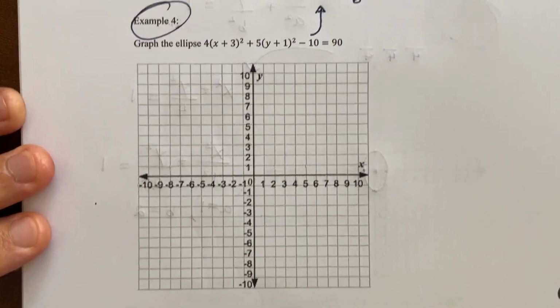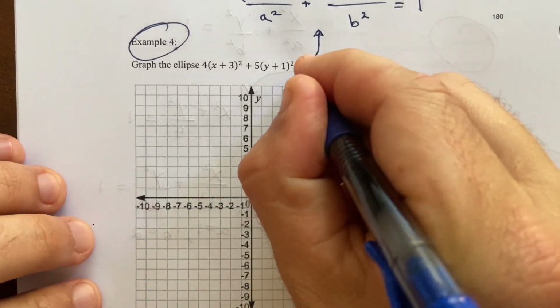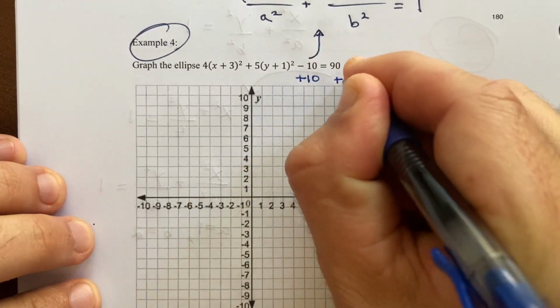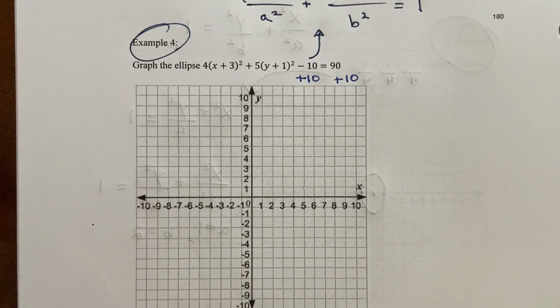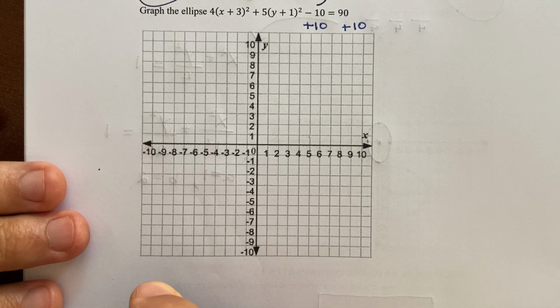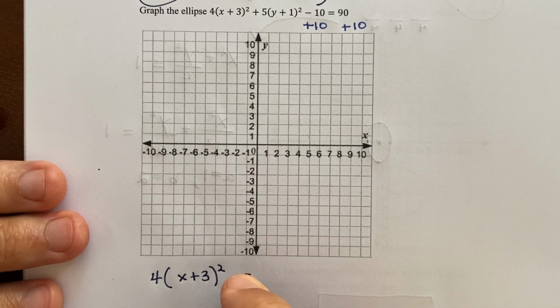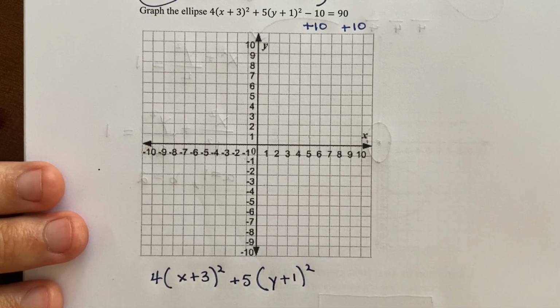So the first thing I'll do is add over that 10. So we now have 4 times (x plus 3) squared plus 5 times (y plus 1) squared equals 100.